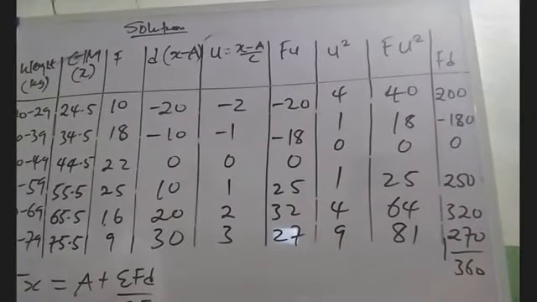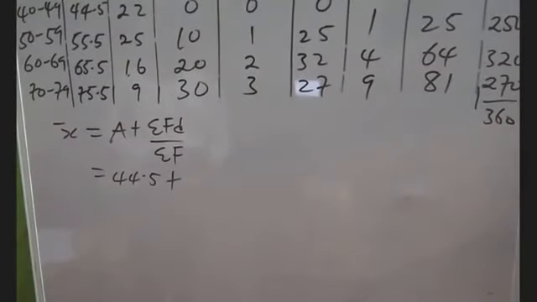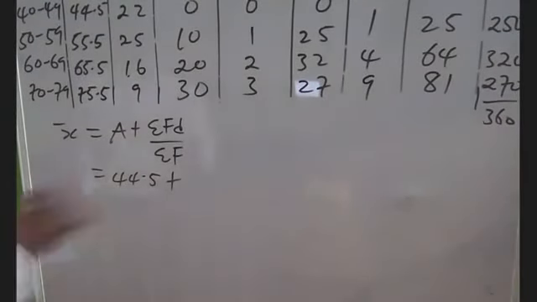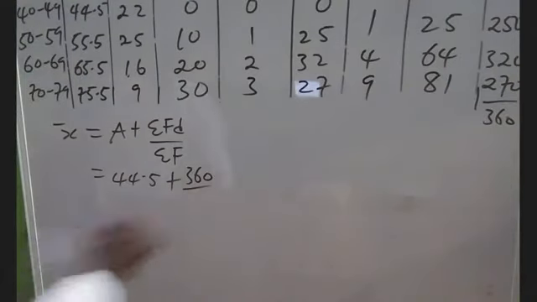So our mean will be equal to 44.5, which is the assumed mean, plus 360 over the sum of the frequency, which is 100.